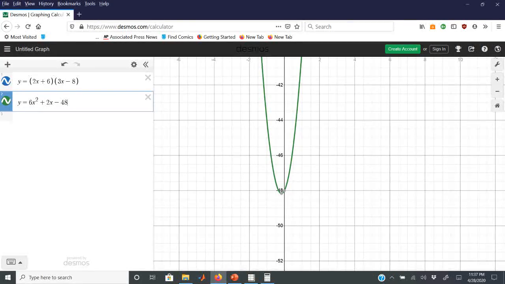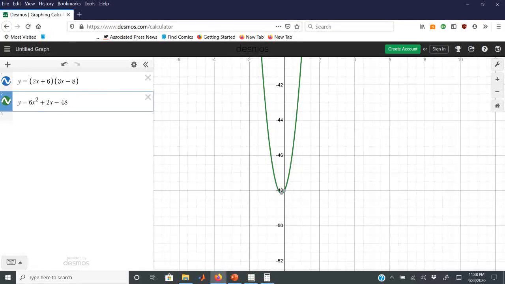And it's now showing a green graph, which is on top of the blue graph. So I essentially have a different graph. I still have my blue graph. The blue graph is the first expression.